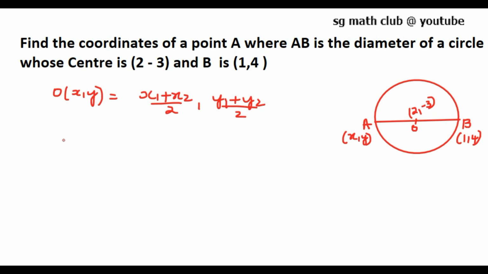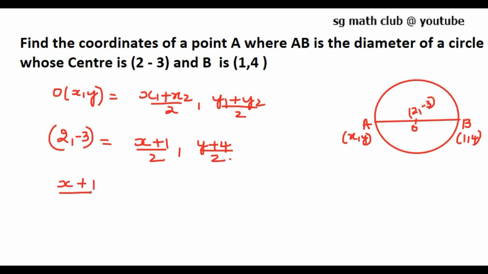Now in the place of (x, y) we have (2, minus 3). The coordinate O is the midpoint, so (2, minus 3) equals ((x plus 1) by 2, (y plus 4) by 2). So we have (x plus 1) by 2 equated to 2 to find the value of x. x plus 1 equals 4, since 2 into 2 is 4.